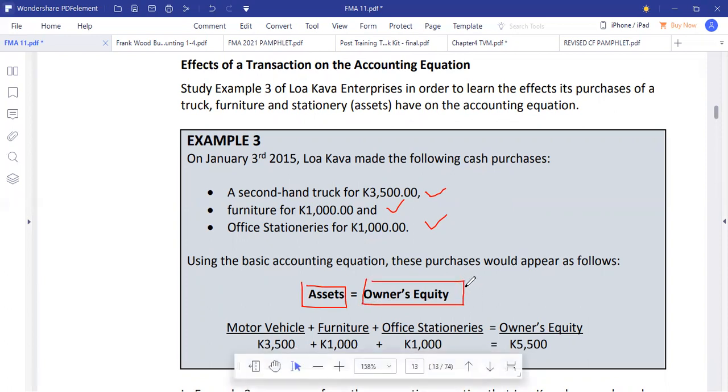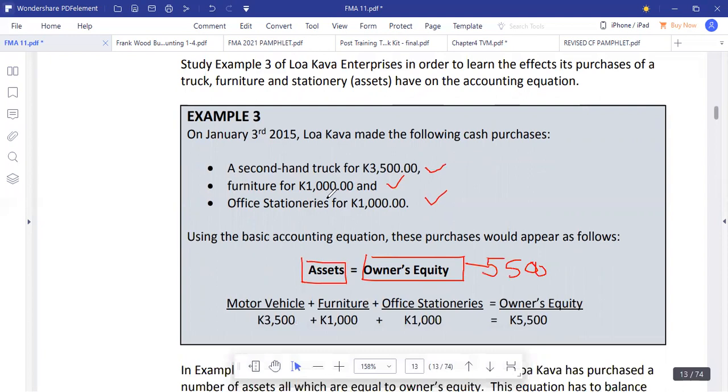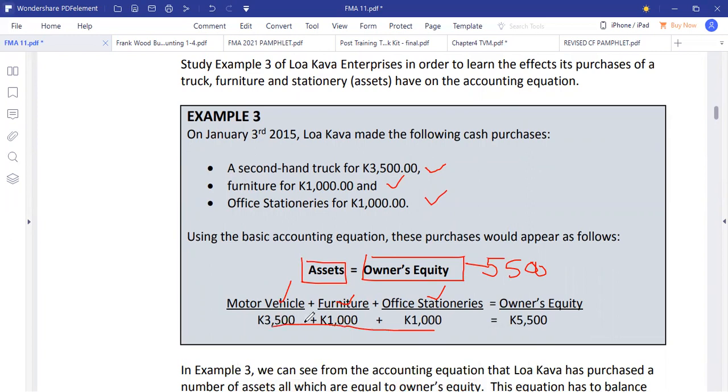So owner's equity, we already know it's 5,500. That's how much he had in his bank. In the assets here, we have what? Motor vehicle, which is the truck, 3,500. The furniture, which is 1,000. And the office stationery, which is 1,000. So when you add up all this, they give up what is called our owner's equity. So still, we are verifying this initial equation.